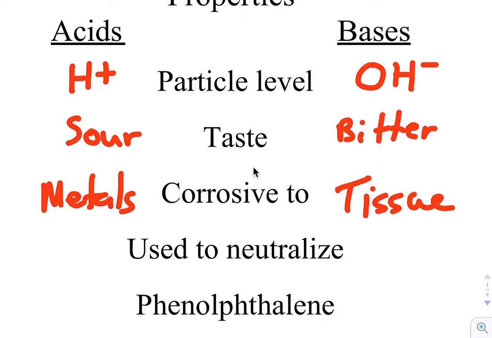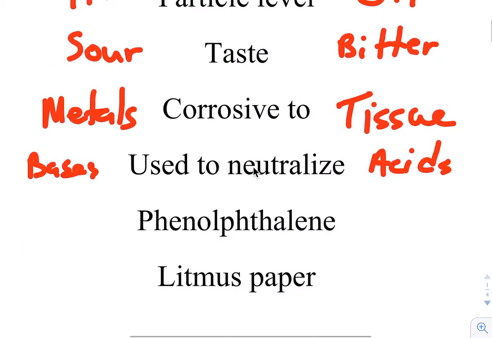When we look at their reaction, the ability to neutralize things, again, we may have already studied this, but acids tend to neutralize bases, and bases will neutralize acids. We'll want to identify, not by taste, whether something's acid or base, and so we'll start to use some indicators.